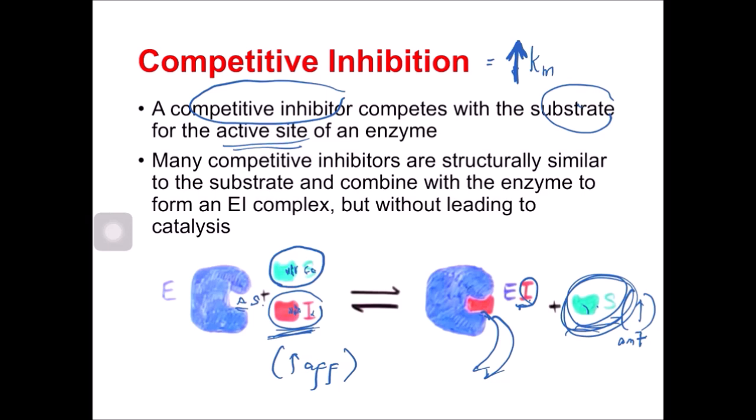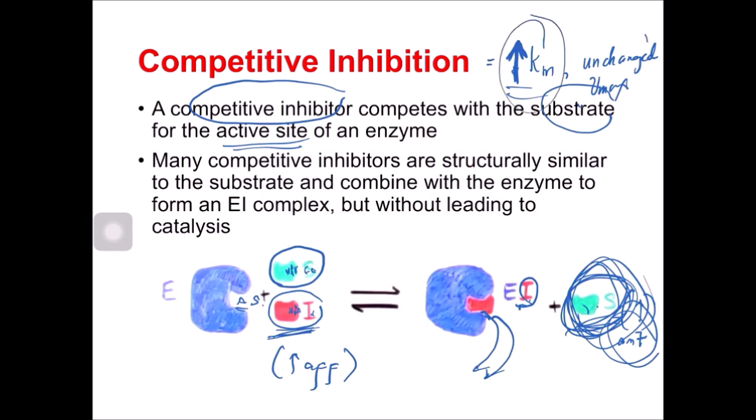Pero ang Vmax ay unchanged. Again, Km is being increased because we need a higher amount of the substrate, and a higher amount of the substrate will move the Michaelis-Menten graph to the right, kaya tumataas siya, and then unchanged naman ang Vmax. Mamaya papakita natin yung graph.